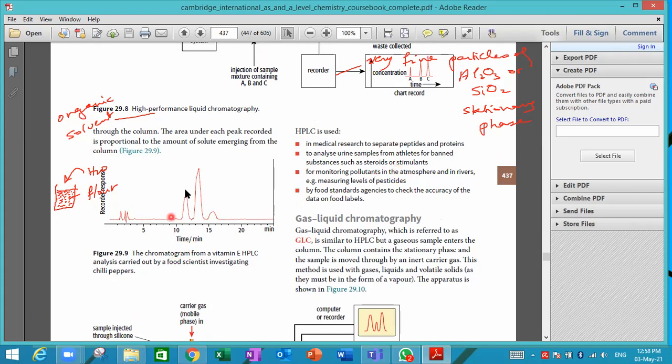So we can determine what pollutants are present in rivers or in lakes or whatever. And also, if we have ready-made food in our shops, and they want to test whether this food is okay or does it contain something that is harmful to us, they also can take samples of this food and run the HPLC.